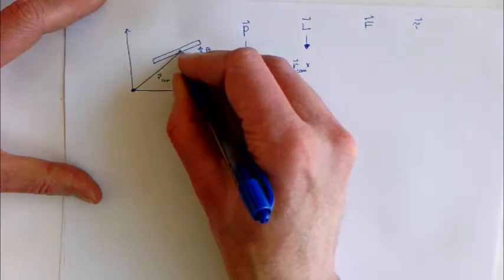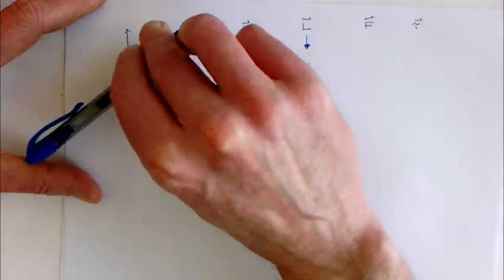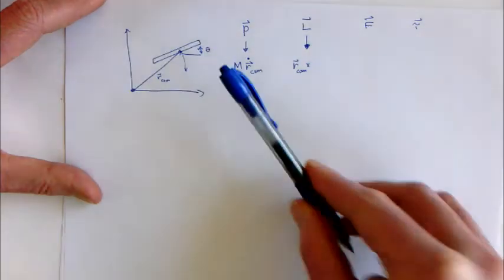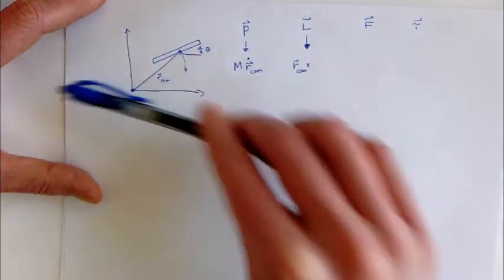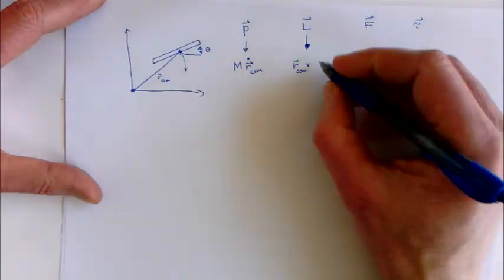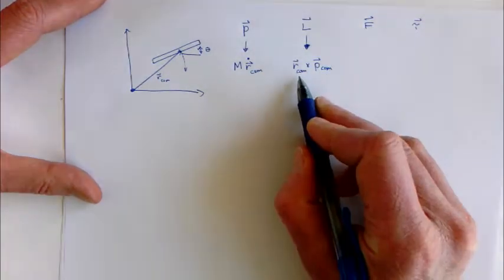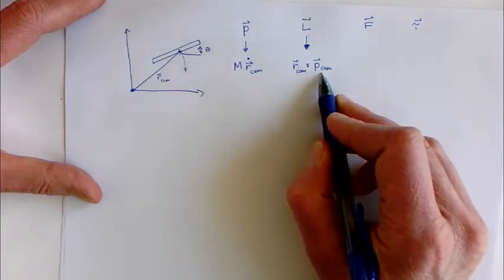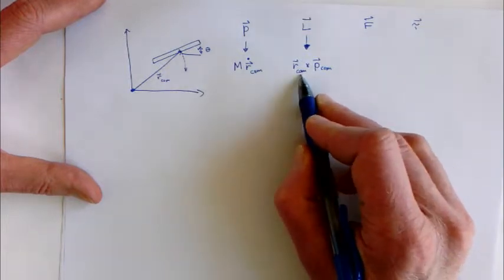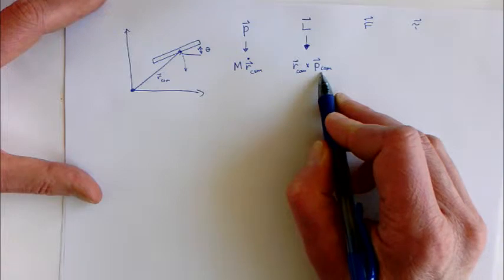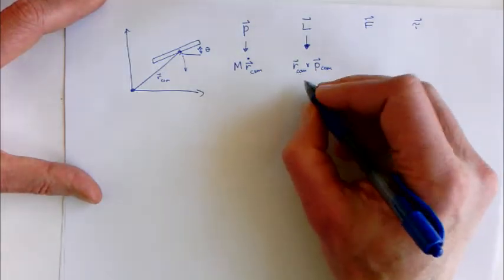If this thing is falling like this, you can see that the angle you're watching would be decreasing, and so that would give you some negative angular momentum about this axis. So that's going to be a cross product of the position vector to the center of mass with the momentum of the center of mass. That's the translational component.